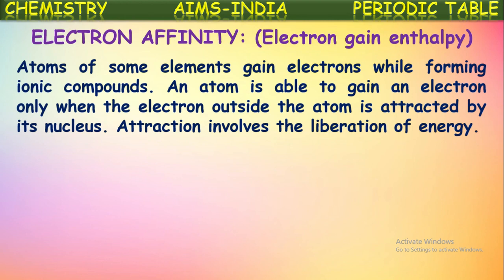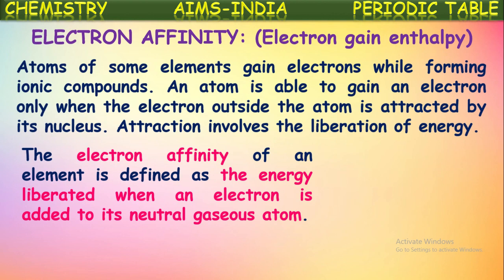If the nucleus of that atom attracts the electron from the outside, then only it can accept that electron and hence it becomes a negative ion. This attraction involves the liberation of energy. In the attraction of electrons by the nucleus, a certain amount of energy will be emitted, by which it can attract the electron and take it inside.